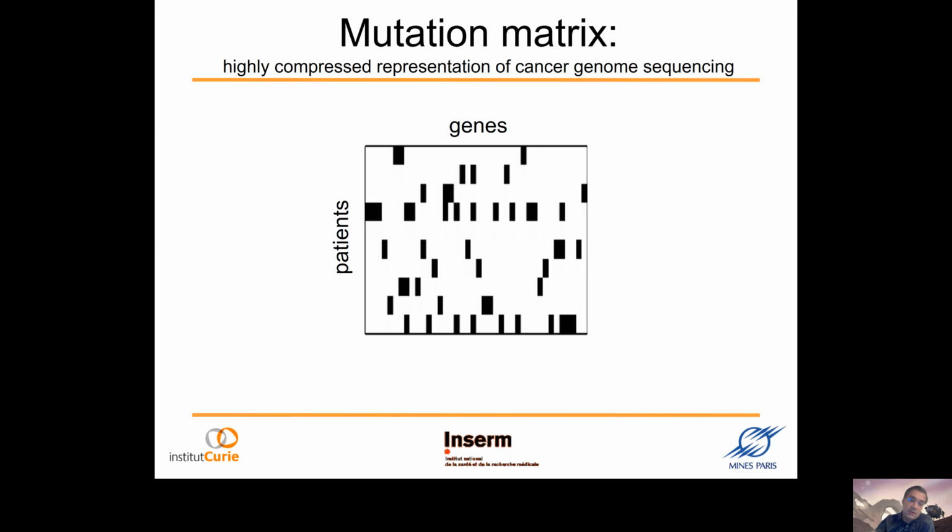So we can represent this information in the form of a binary matrix, which would contain as rows different patients or different tumors, and as columns different genes. So if in this matrix you have one at the intersection of a patient and a gene, it means that this particular gene is mutated in this patient.